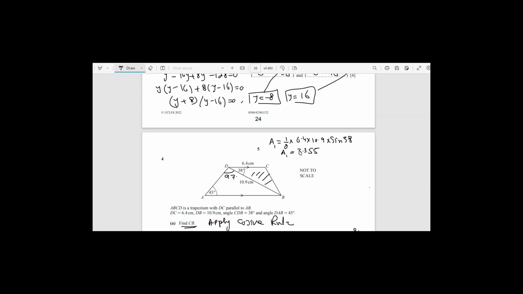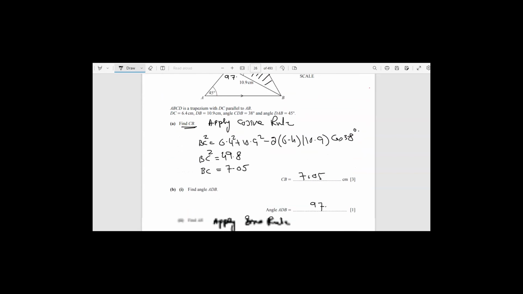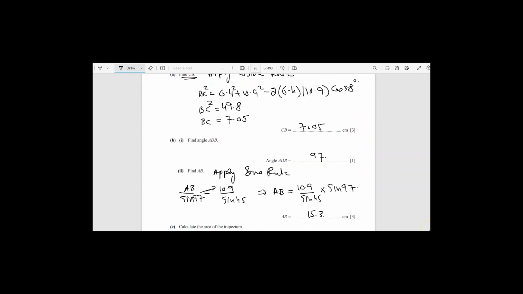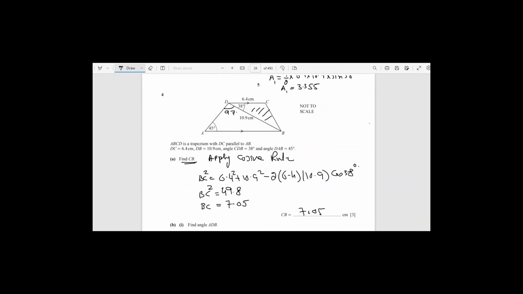Now for the second triangle, two sides should be given to you, and the included angle should be given. We already found the value of AB in the earlier part, 15.3. So I will write here 15.3. Now two sides BD and AB are both given.